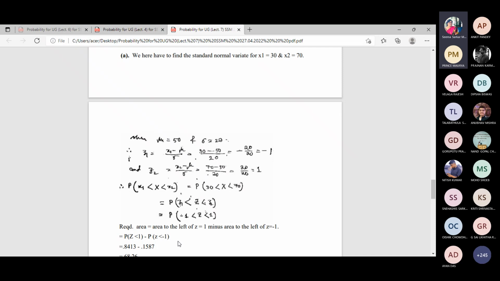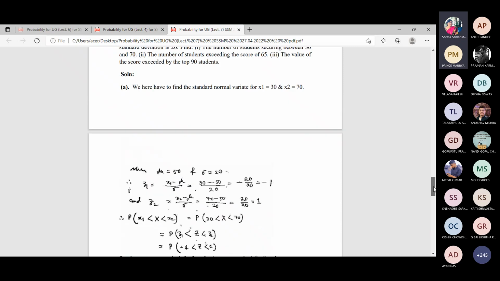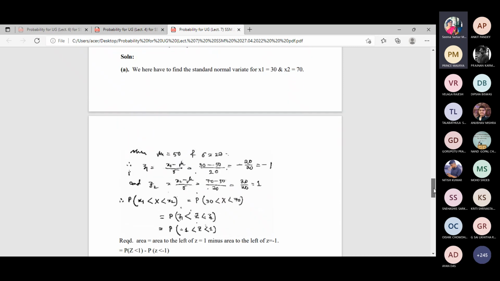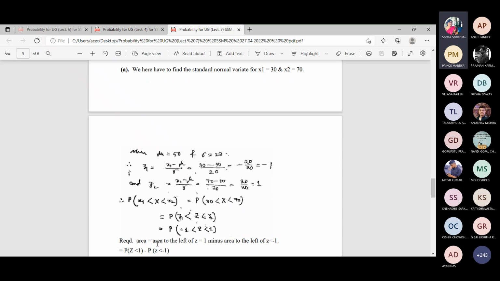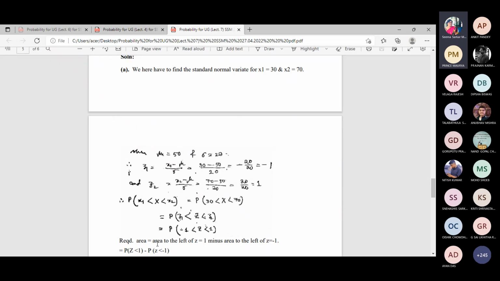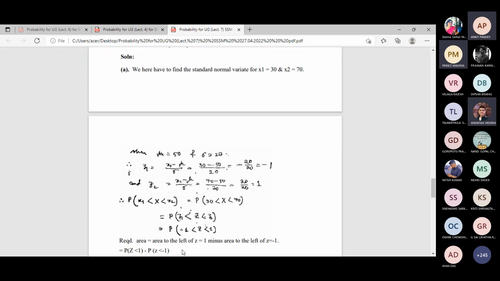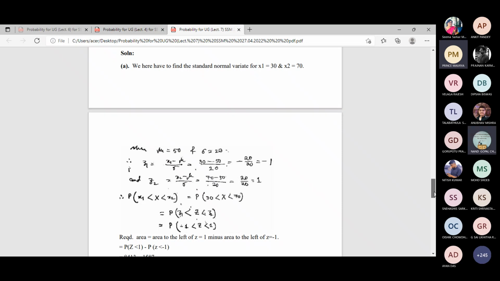Okay. And you can find from the normal distribution table what will be the value when Z is less than +1. What will be the corresponding value in terms of normal distribution? 0.8413. And for -1? 0.1587.